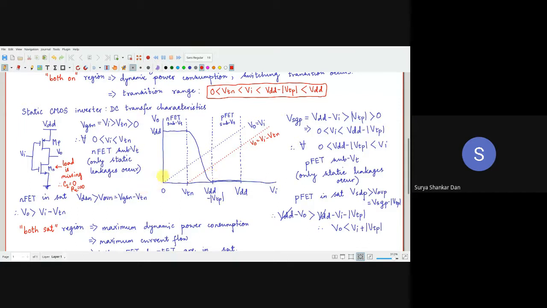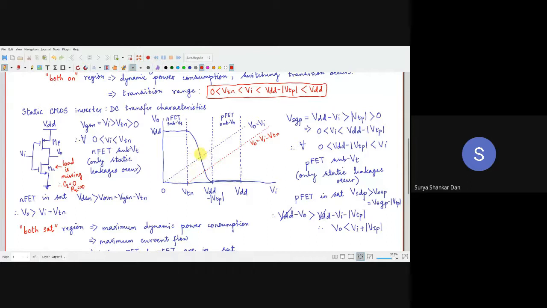Okay. Now notice that Vo is greater than Vi minus Vtn. At any instance, let us say at this point, you will notice that everything which is higher up over here, above this Vo equal to Vi minus Vtn line, is Vo greater than Vi minus Vtn.